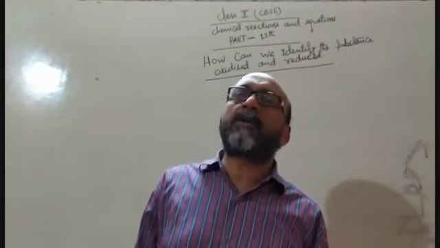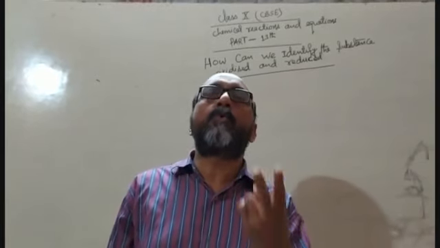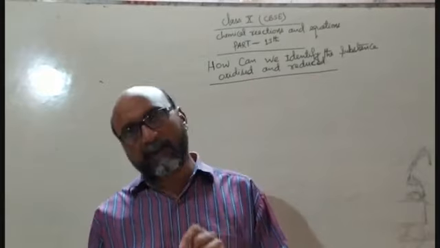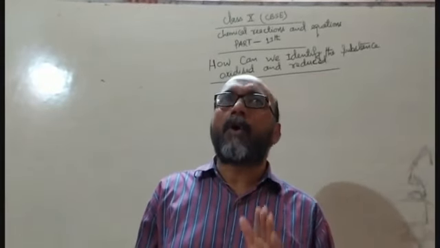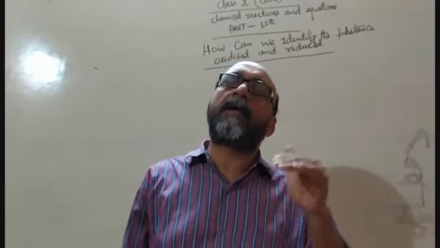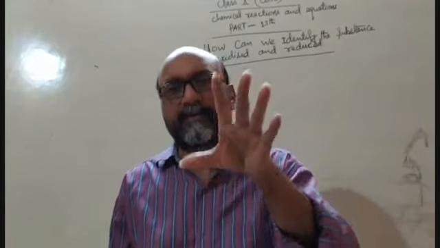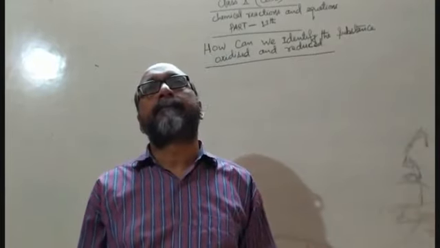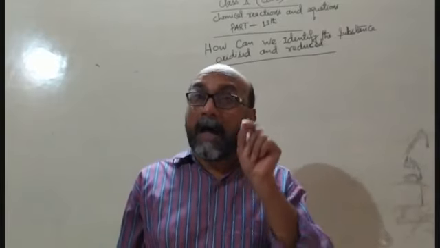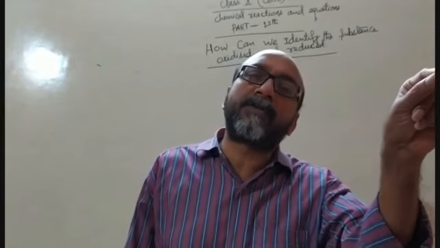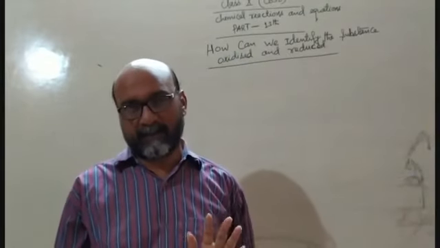Oxidation and reduction are two parts of a chemical reaction. In oxidation, oxygen or any electronegative element is added to a substance, or hydrogen or any electropositive element is removed from the substance.